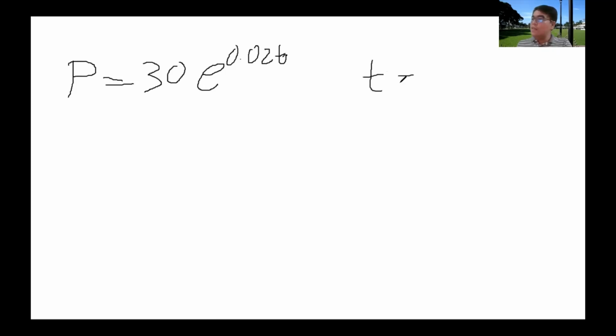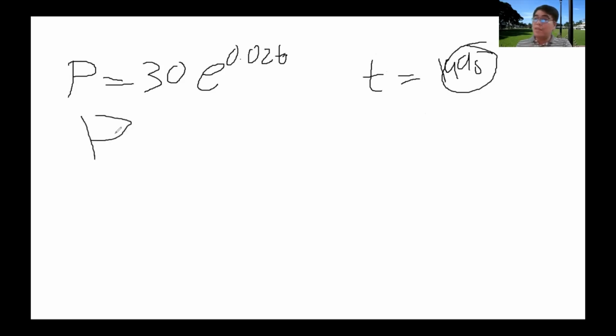So we were asked to solve the population of a city in the Philippines in thousands if the growth model is P is equal to 30e raised to 0.02t. So let's try to answer the first one. What was the population if t is equal to 1995? Since 1995 is the starting year, 1995 minus 1995 is 0.